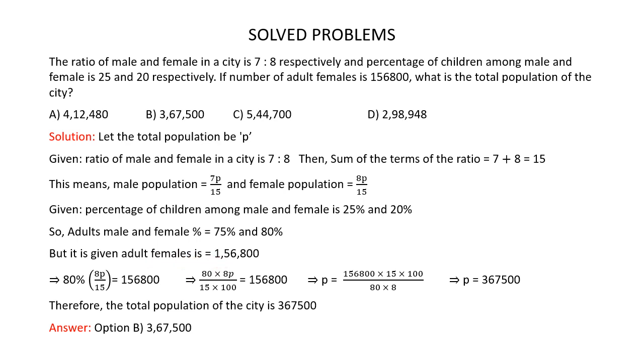So 80% multiplied by 8P upon 15 is equal to 1,56,800. On solving, we get P is equal to 3,67,500. Therefore, the total population of the city is 3,67,500. The correct answer is option B, 3,67,500.